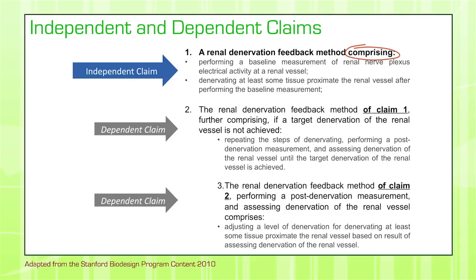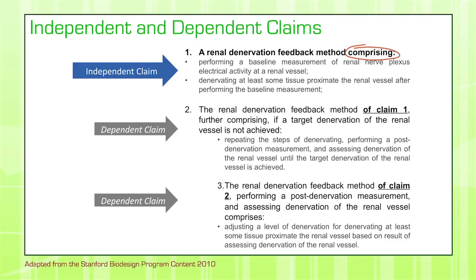In this case, this is a renal denervation feedback method that includes performing a baseline measurement, but if it has a baseline measurement and something else, then you have already thought about that idea too.